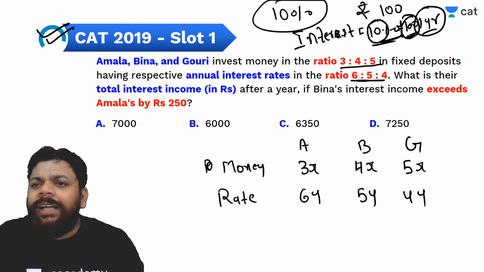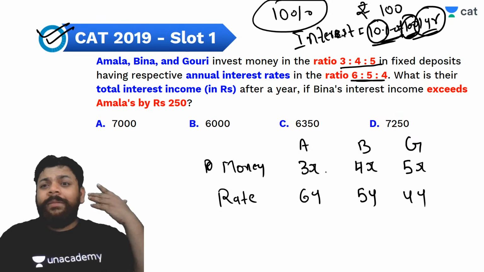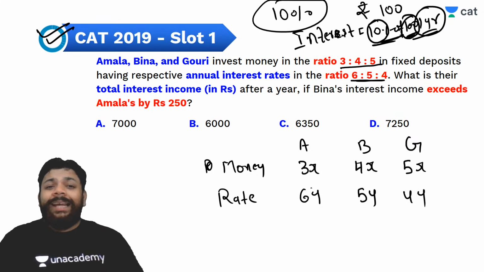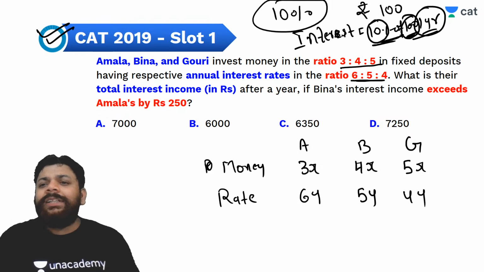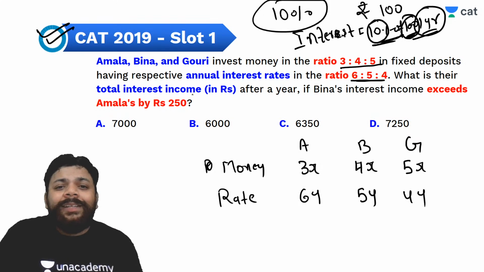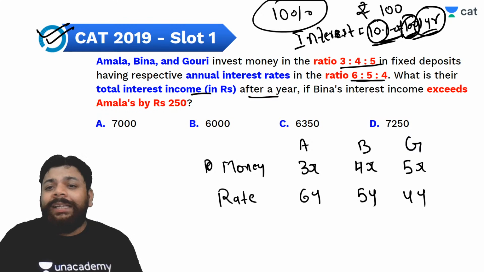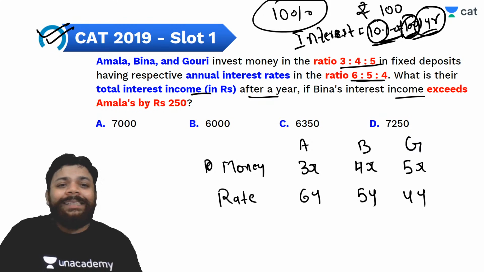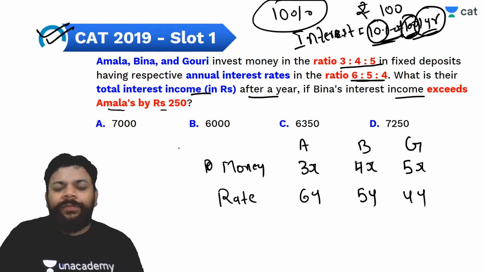अगर मैं ऐसा ना अज्यूम करूं और इस पचड़े में मैं ना पढ़ूं, so can I say that total interest, it is given that what is their total interest income after a year if Bina interest income exceeds Amla's by 250?